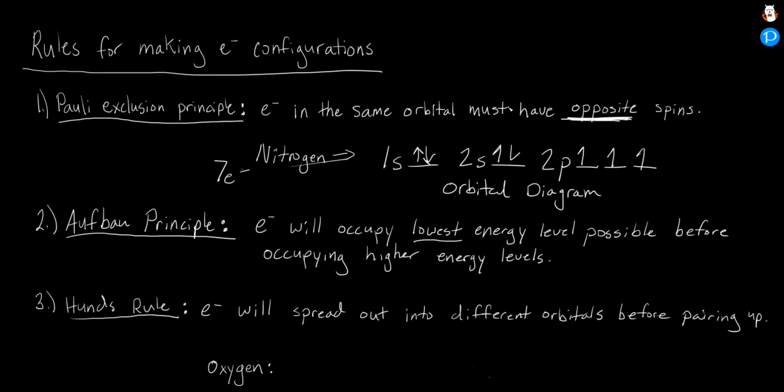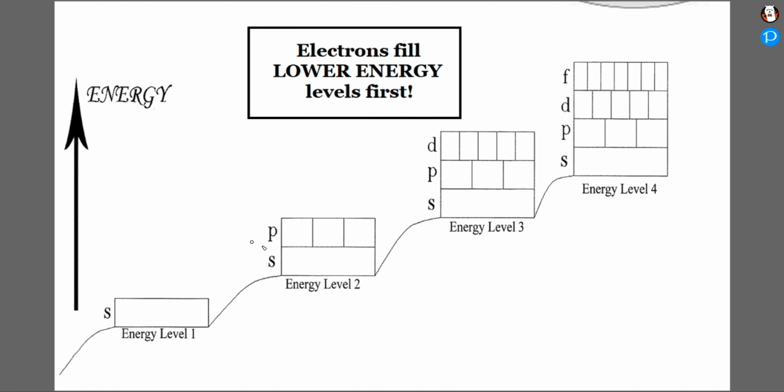The second one, which is called the Aufbau principle, says that electrons will occupy the lowest energy level possible before they start occupying the higher energy levels. All this means is that when you're making these electron configurations, you start with the lowest one first, and you just keep building it up from there. So if we come over to this screen, that's what this is showing.